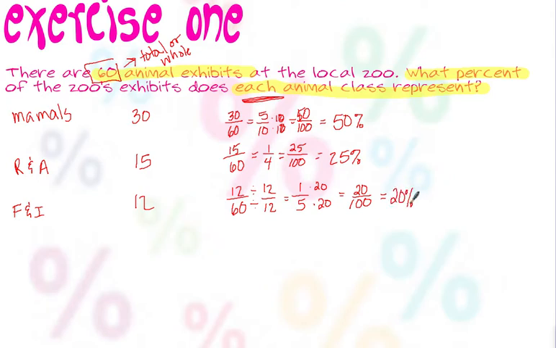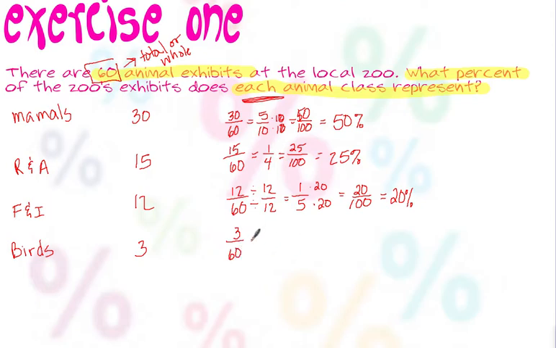Now another way you could have done this is you could have divided both of them by 6 and gotten 2/10 and then multiplied each of those by 10. Either way, you come out with the same answer. And then birds. The birds have 3 exhibits out of 60.